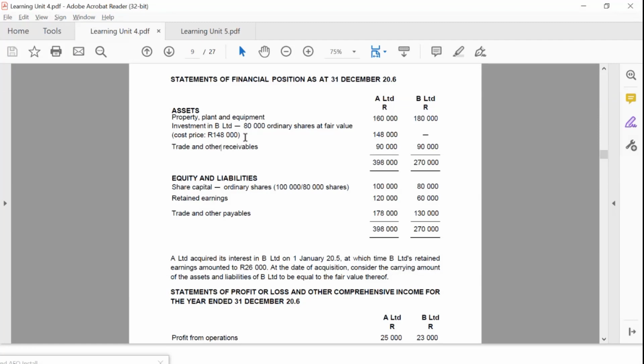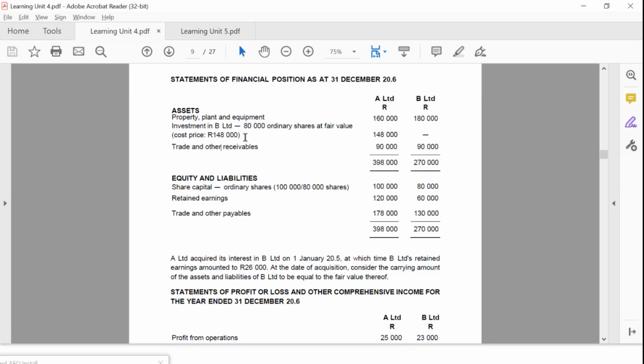And whatever B Limited has said is a credit, we debit. So we debit retained earnings of 26,000, that's the retained earnings at date of acquisition. We debit share capital of 80,000. And the balancing figure is more likely to be goodwill. But we'll look at this when we look at the analysis.